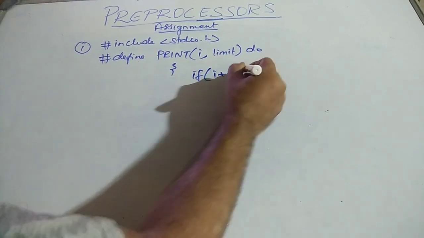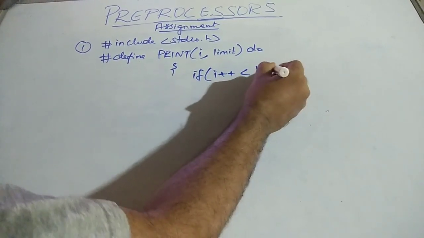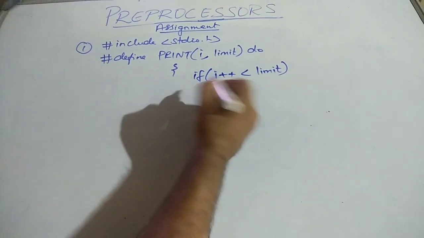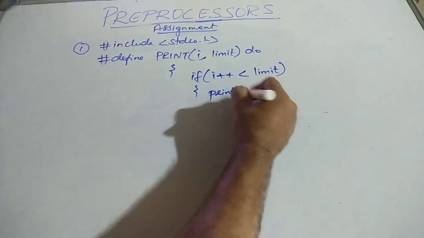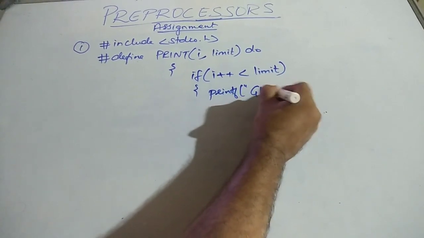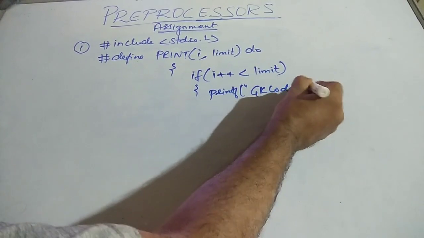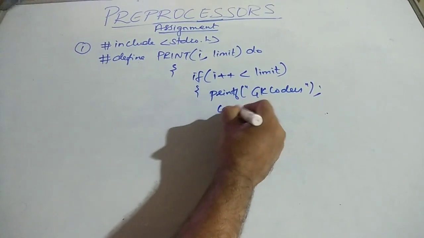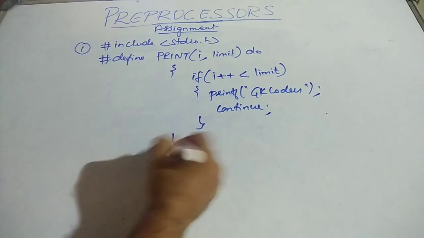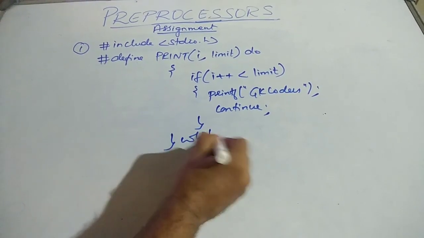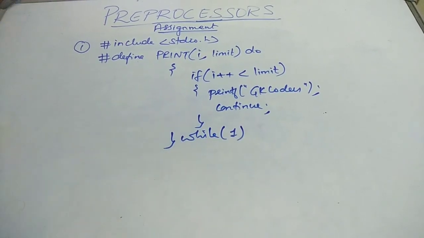If i less than limit, then what has to be done? Then I will say print gk coders and then continue. So is it clear? So I'll close here. I'll say while 1.